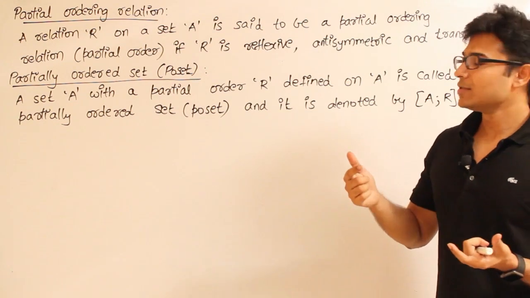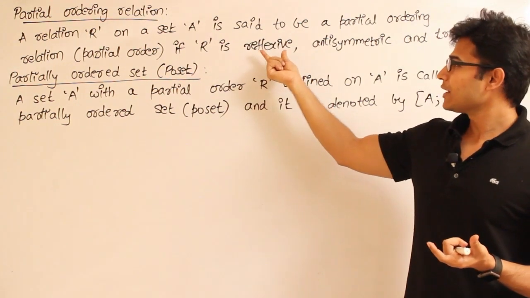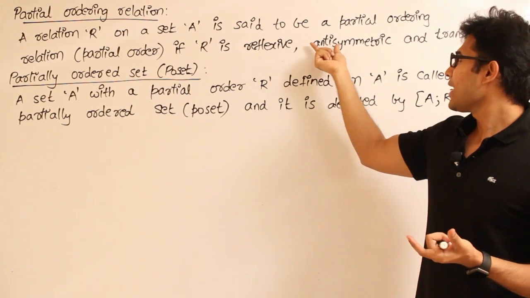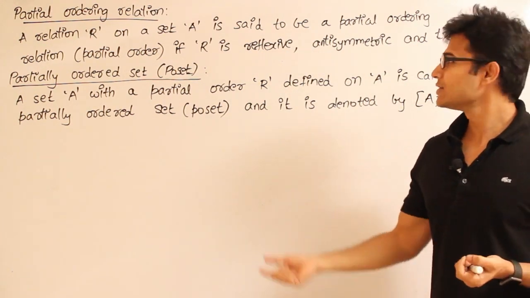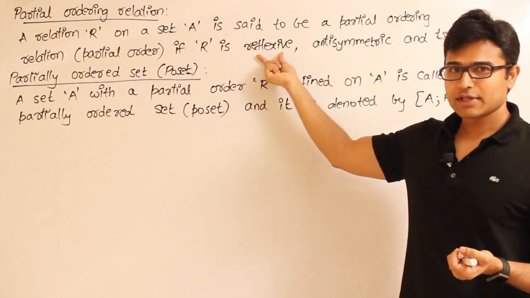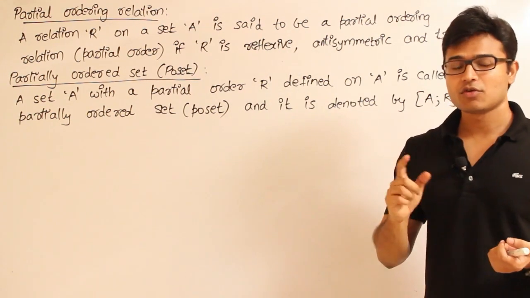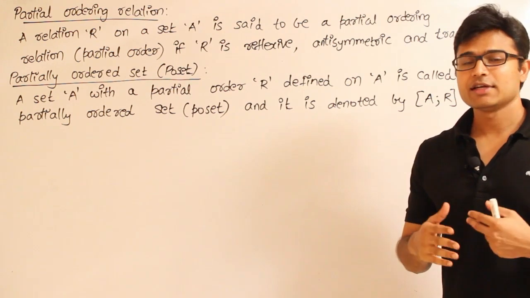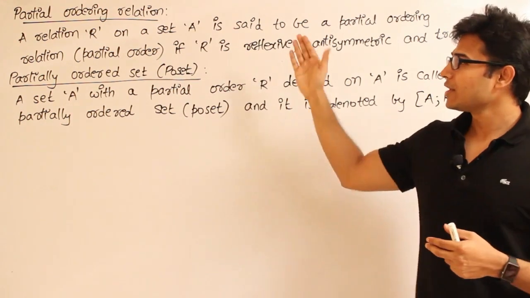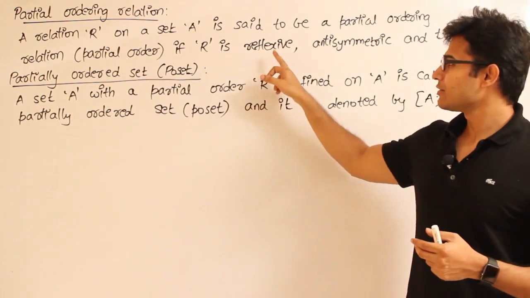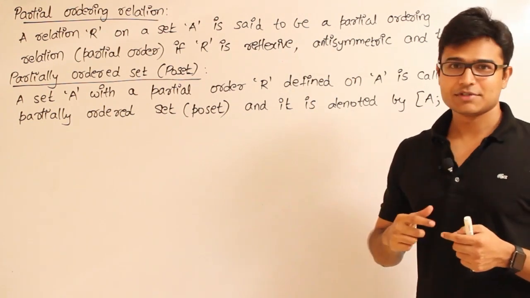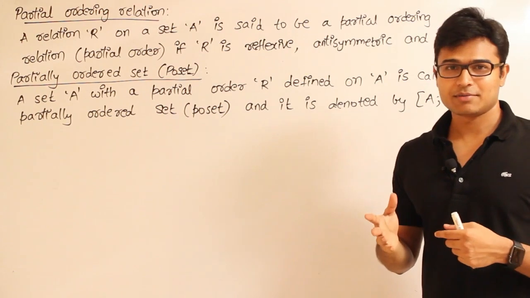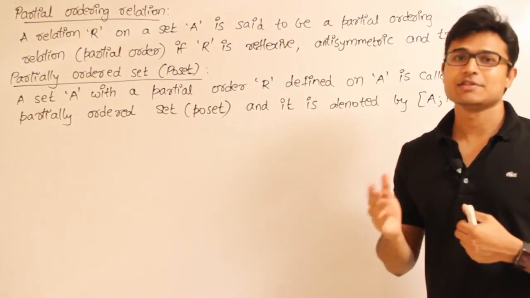Just think about it: can a relation be reflexive, asymmetric and transitive? It is not possible. The reason is, if it is reflexive, it cannot be asymmetric. So don't get confused here. People generally get confused. Whenever I say partial order, they say reflexive and transitive for sure, but for this one sometimes they think it is symmetric, sometimes antisymmetric, sometimes asymmetric.